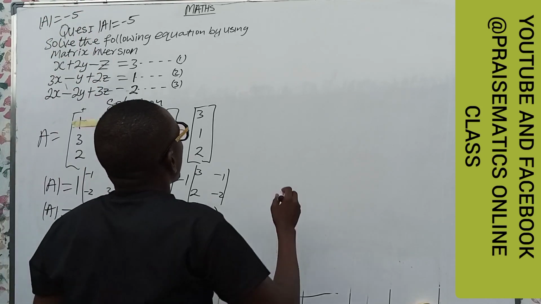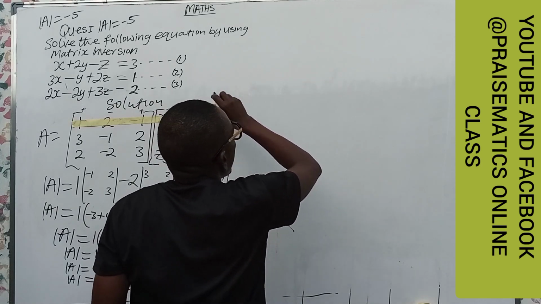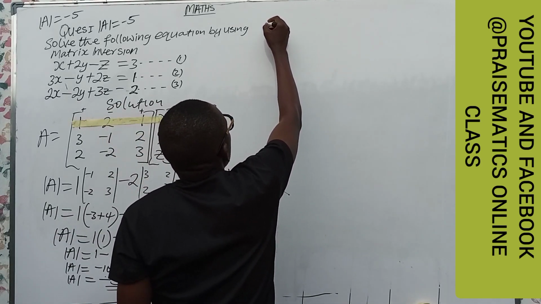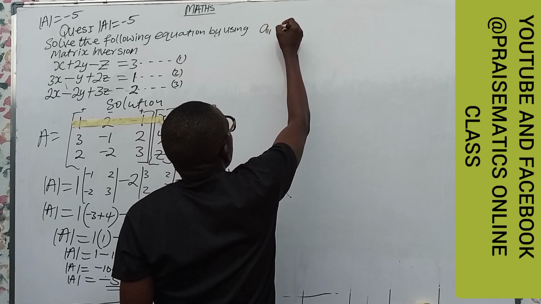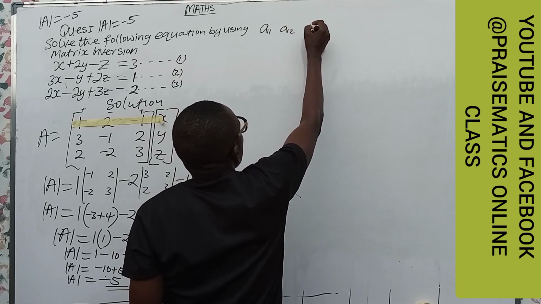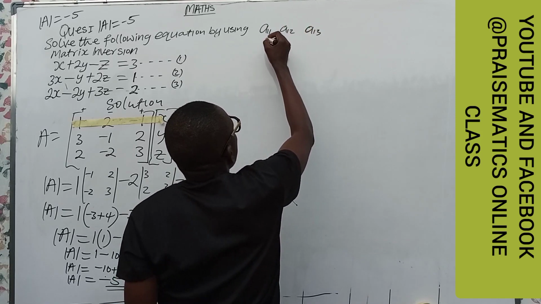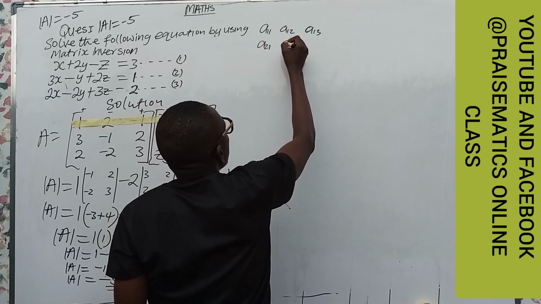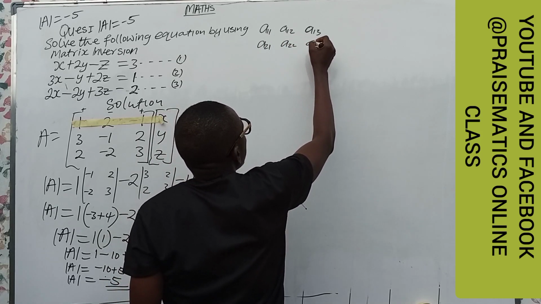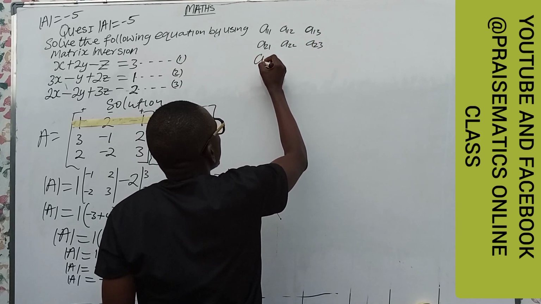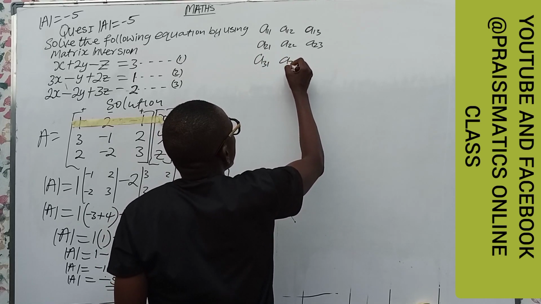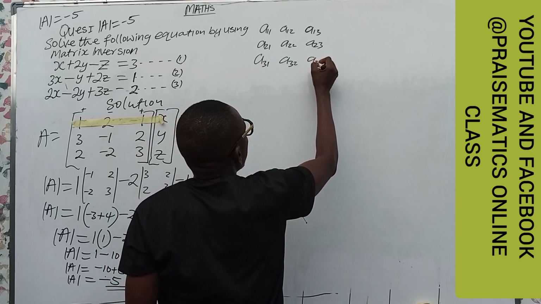When you are done, you have to come here and write another one. This is what we call A11, A12, A13, A21, A22, A23, A31, A32, A33.